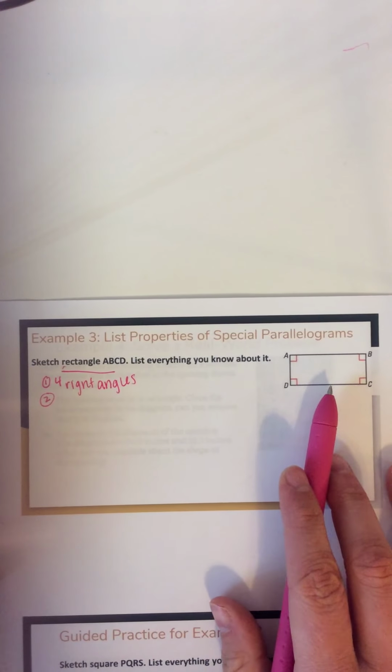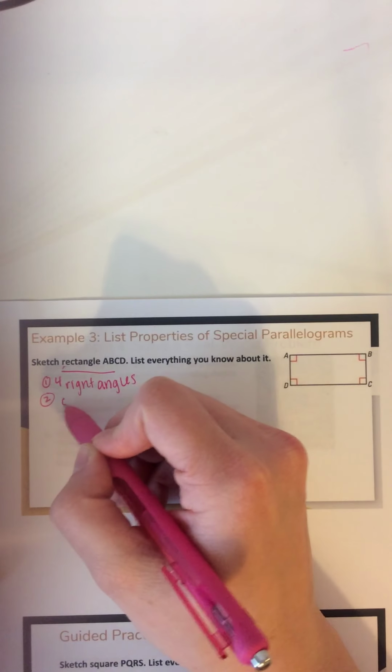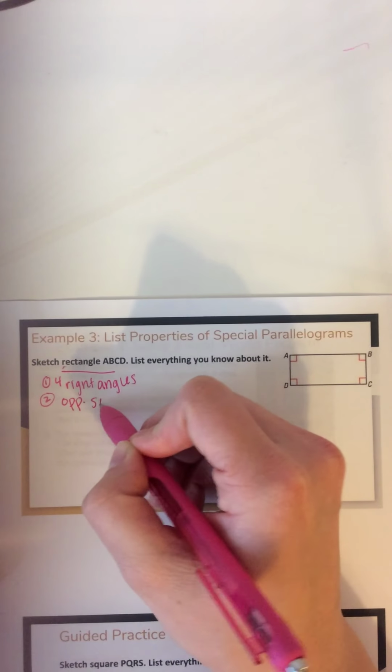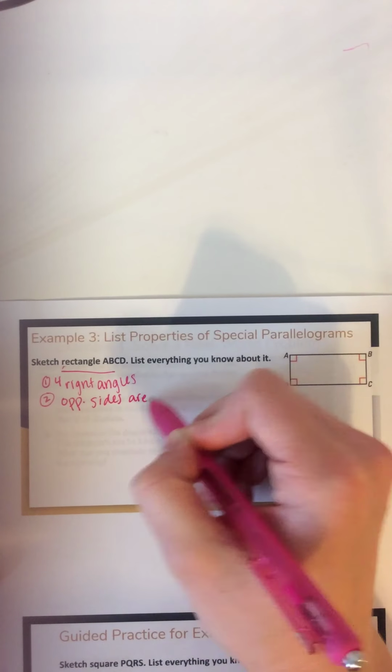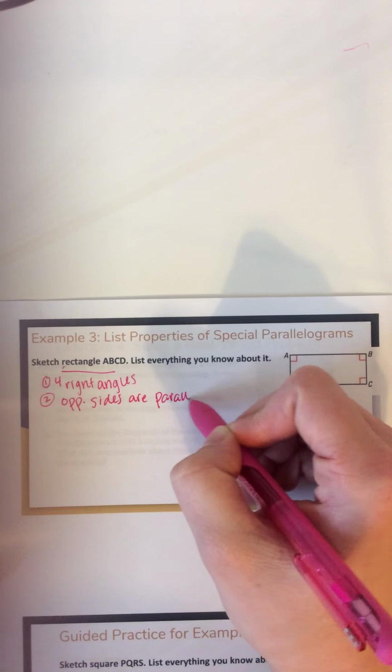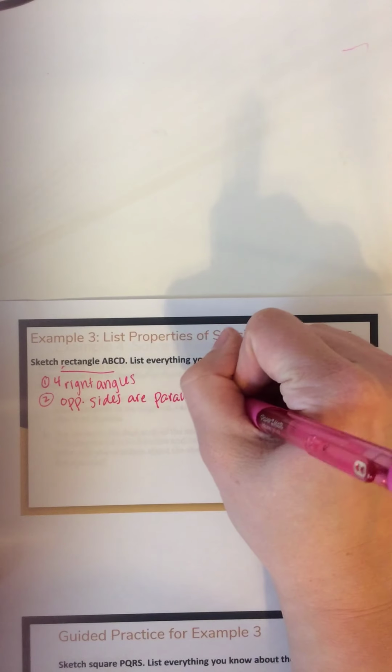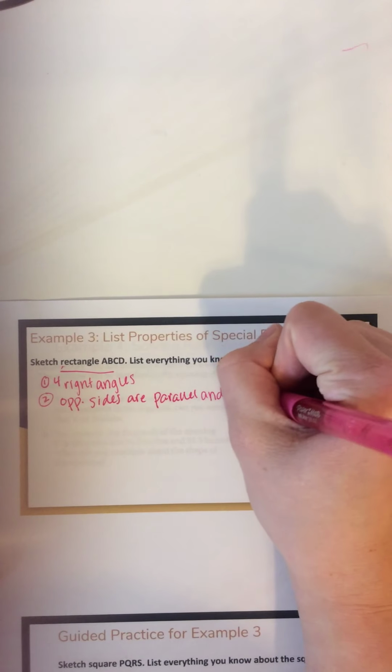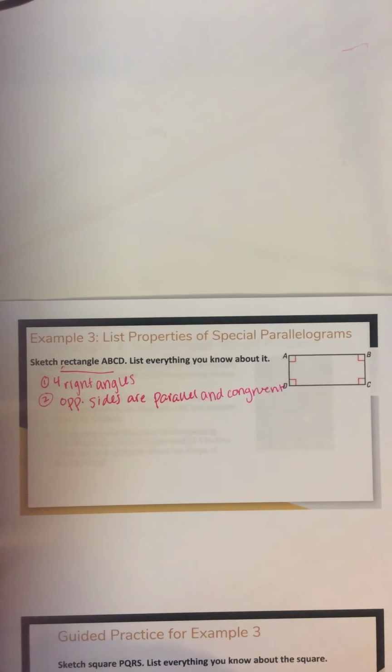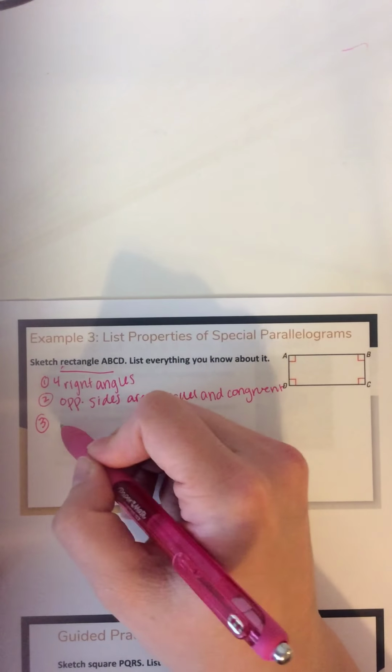We can see that from over here. We know that opposite sides are parallel and congruent. We know opposite angles are congruent.